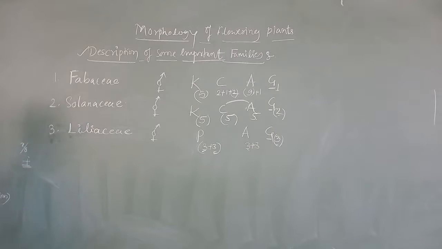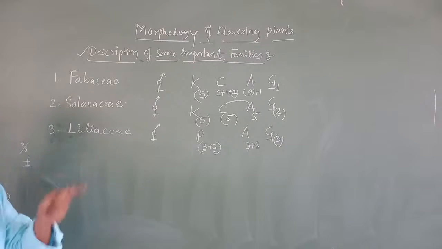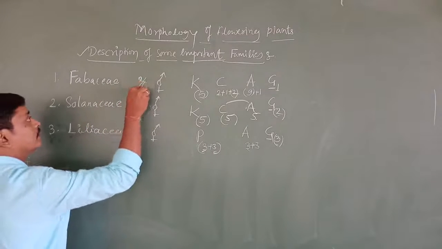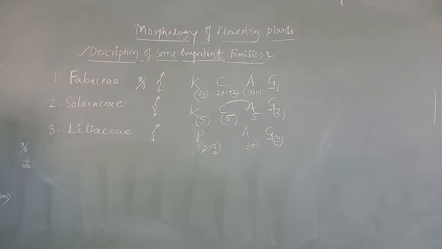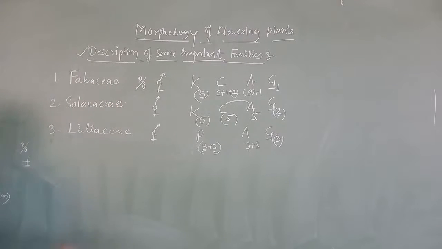In mathematics, when we solve problems that include plus, minus, into and divided, first you solve the divided, then you go for the into, then minus, then plus. Likewise, first you write the divided mark, that is Fabaceae, which is zygomorphic.